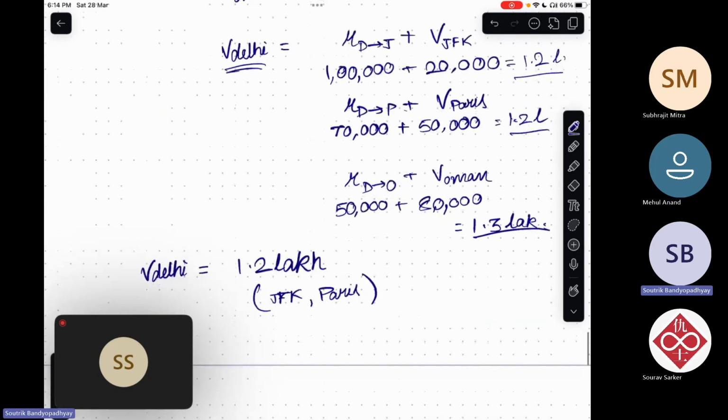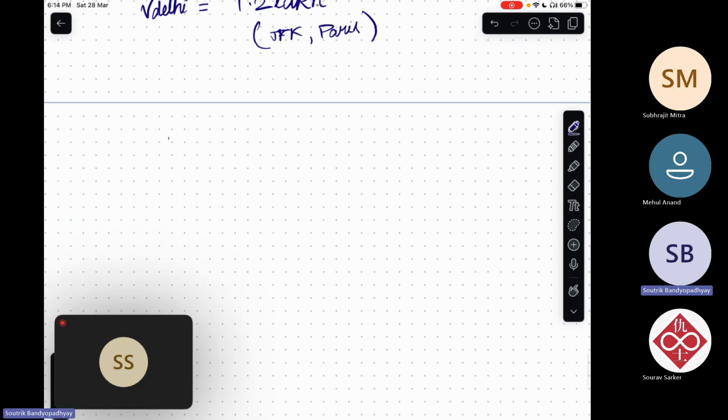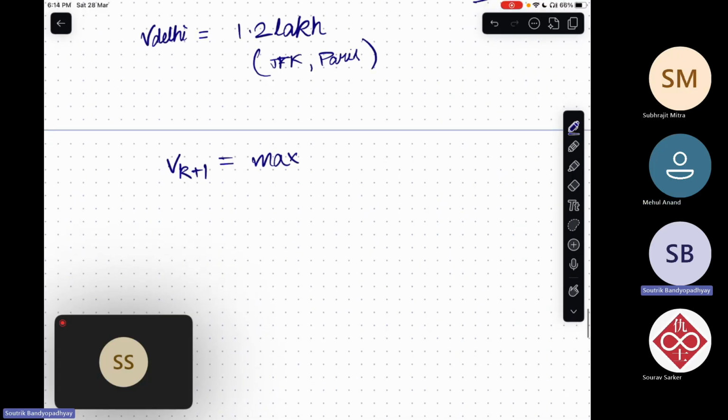Now, if you notice here, this sort of equation is really common over here. So the value of, let's say, the next state is the maximum. So a minimum in this case, because this is a cost minimization problem.